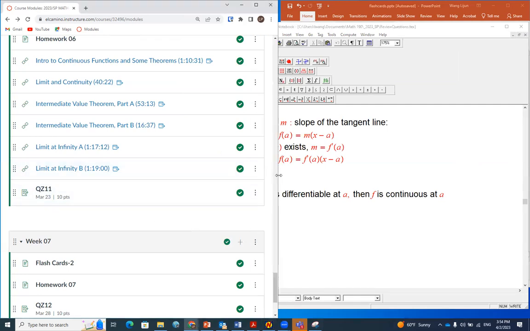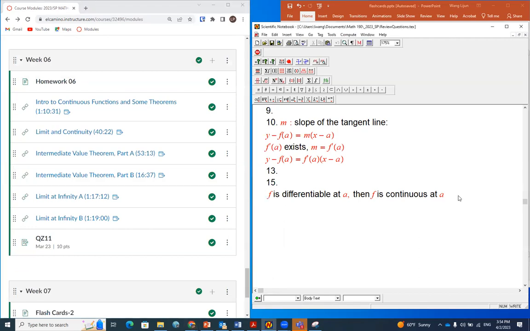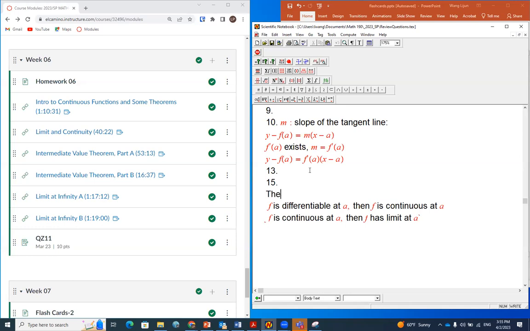But to summarize, if f is continuous at a, then f has a limit at a. These are guaranteed by theorems.